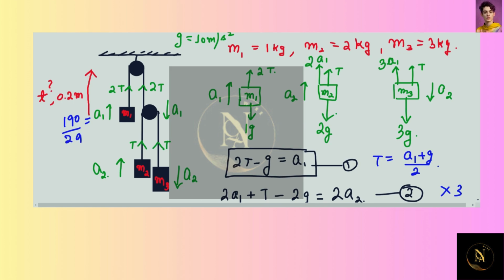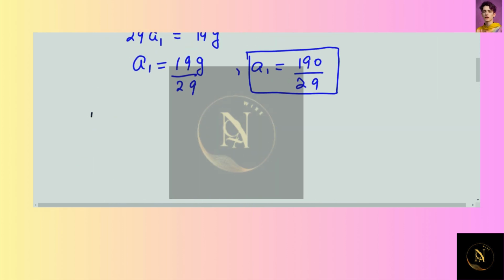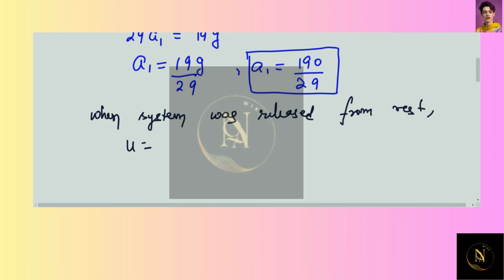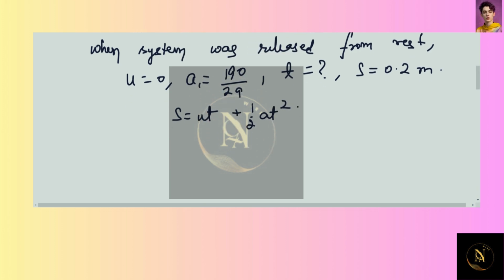It was released from rest. That means with respect to M1, when the system was released from rest, the initial velocity is 0, and the acceleration we got is 190 by 29. We need to figure out the time, and the distance it traveled was 0.2 meters. So we use s is equal to ut plus half at squared, and we put the values here.